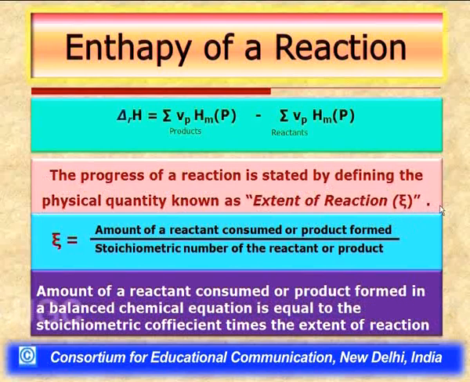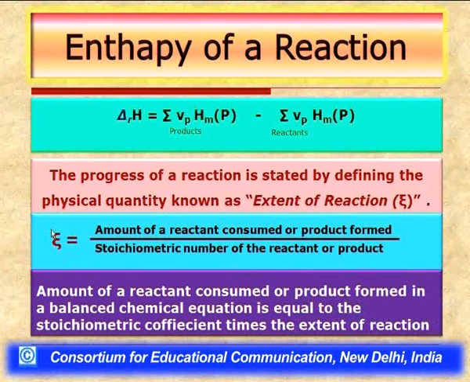What we mean is that when a reaction progresses, the reactants are consumed and the products are produced, and the amount of a reactant consumed, divided by the stoichiometric coefficient of that particular reactant in the balanced chemical equation, represents the extent of reaction.